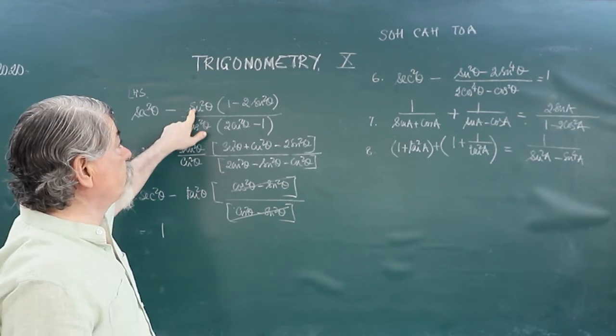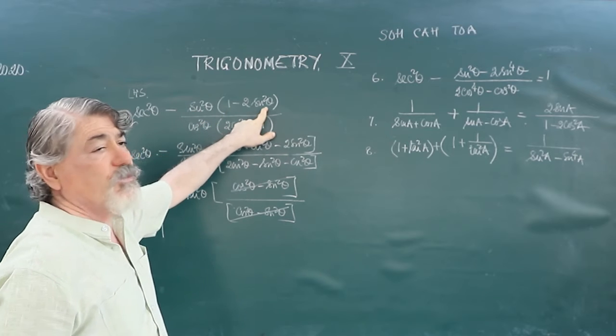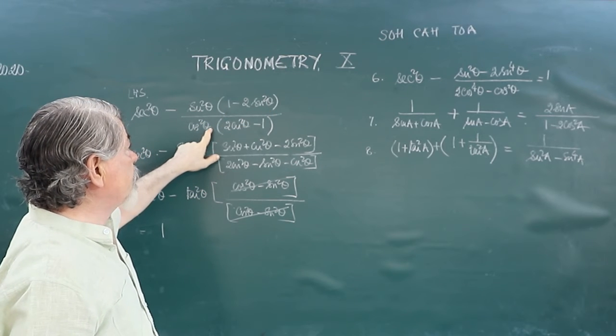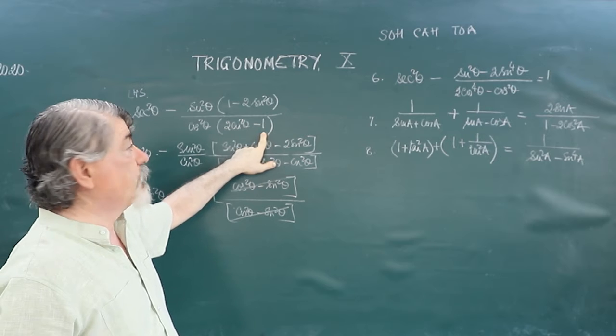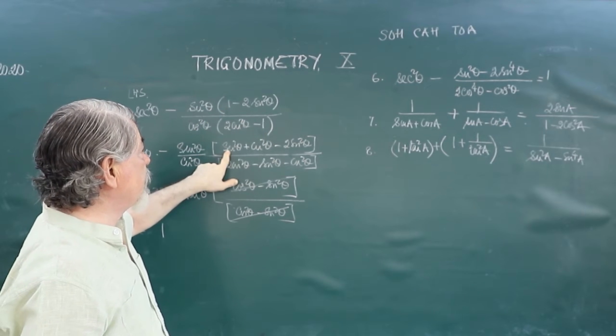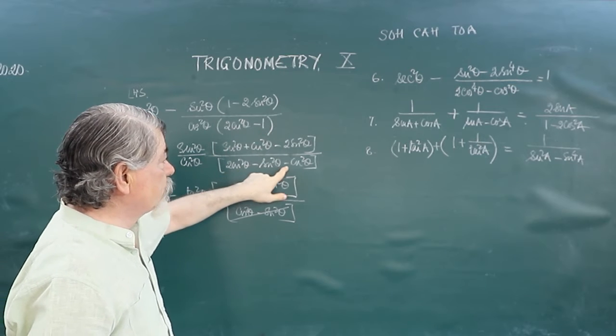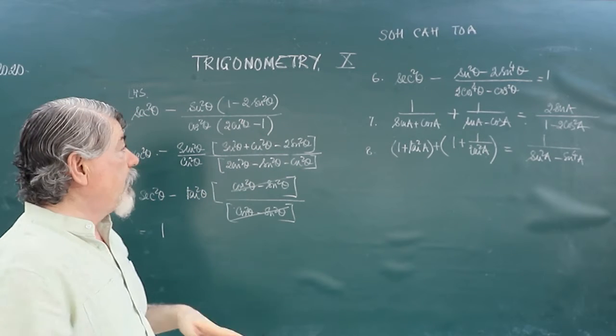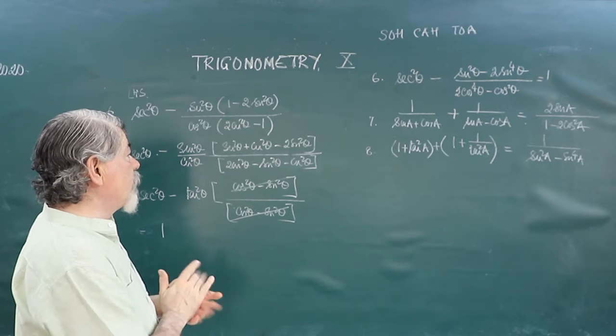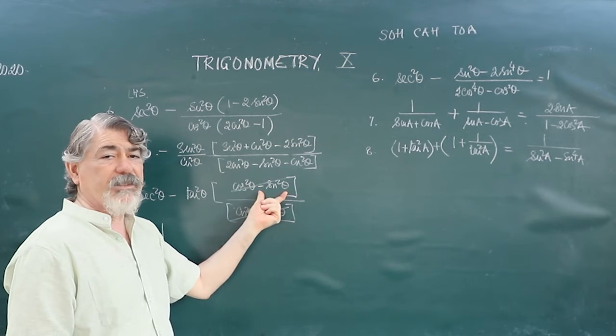What did we do? We took sin square theta common, 1 minus 2 sin square theta, cos square theta common, 2 cos square theta minus 1. In place of 1 I wrote sin square theta plus cos square theta. And when we sorted them out, we got cos square theta minus sin square theta.